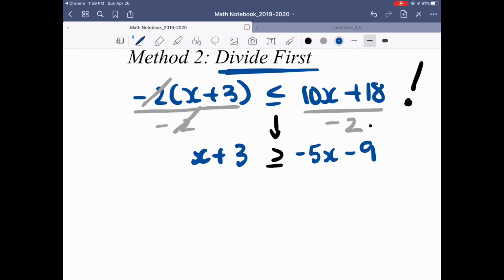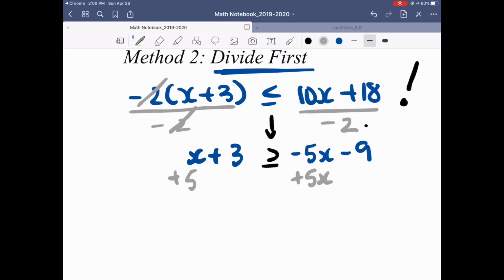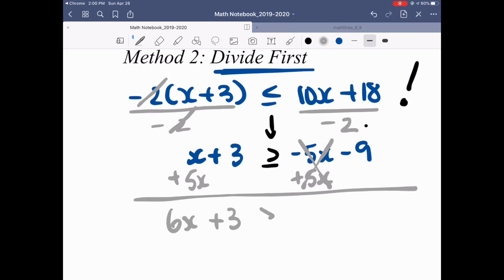And now we have a simpler equation that we can solve. We can get all our x's on one side. So I'm going to add 5x to cancel that out. And this leaves me with 6x plus 3 is greater than or equal to negative 9.